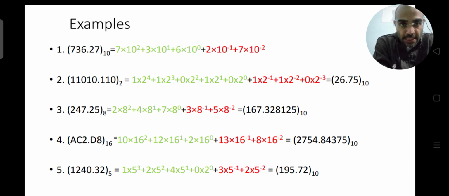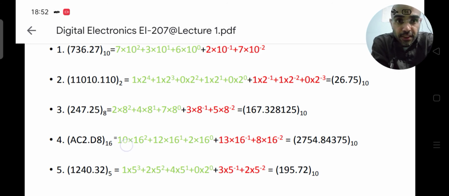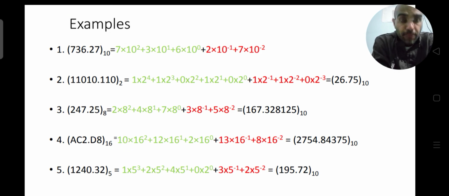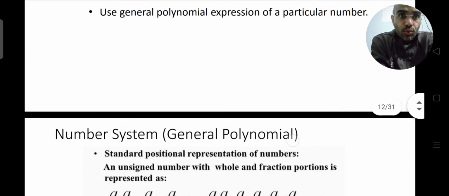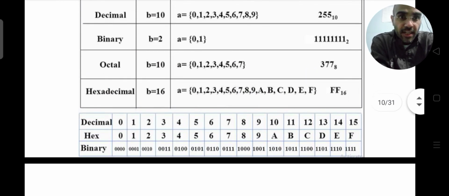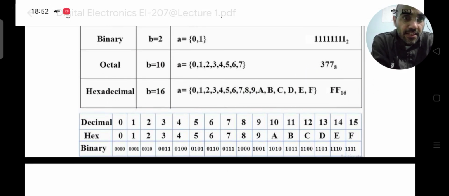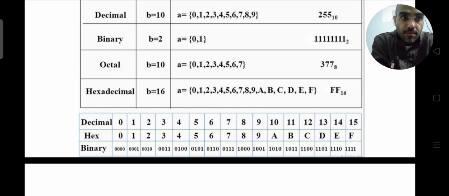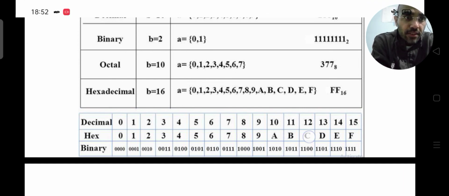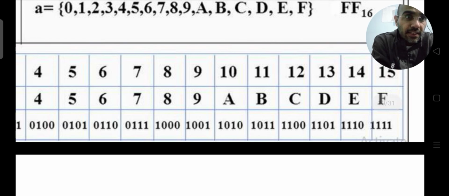Now you can see that instead of A at the first place, I have written 10 here. Because in the last slide, you might remember that A is equal to 10 in decimal number system, whereas B is equal to 11, C is equal to 12, D is equal to 13, E is equal to 14, and F is equal to 15.